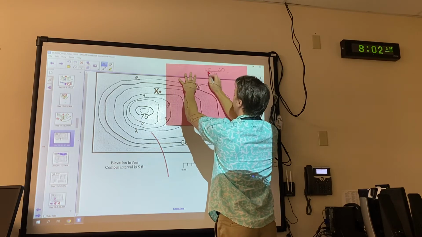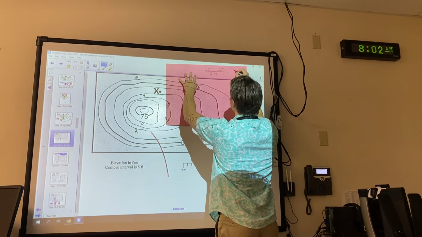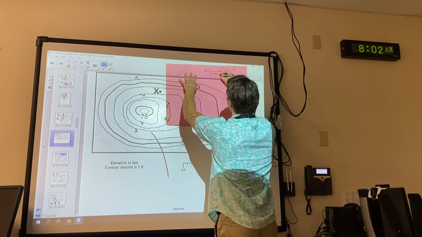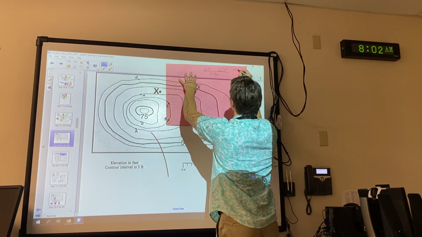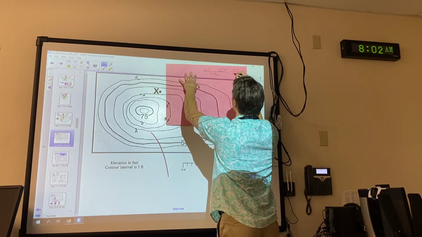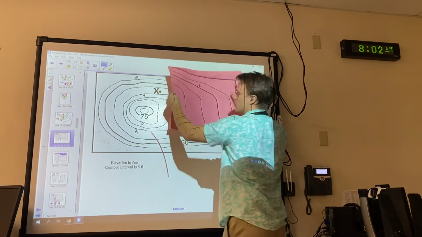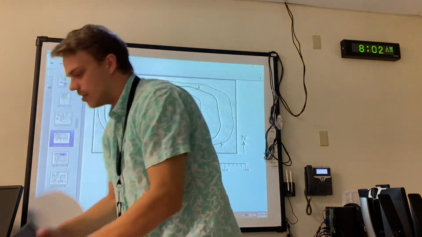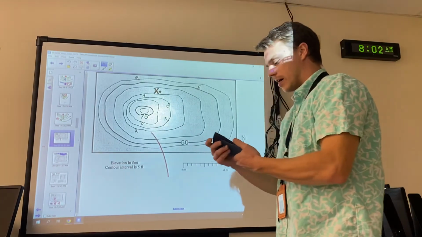So if we do 65 minus 60, that's gonna give us 5, and this is in feet. 5 feet divided by 0.98 miles. So now we just go to our calculator and we plug that in. 5 feet divided by 0.98 miles.